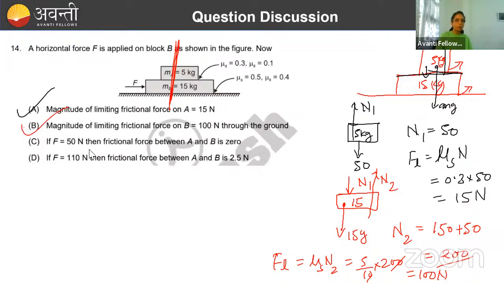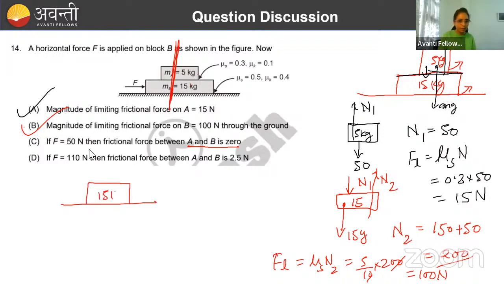Now if F equals 50 Newton, suppose this external force of 50 Newton is acting on the second block, then the friction force between A and B is 0. Look at the case here.